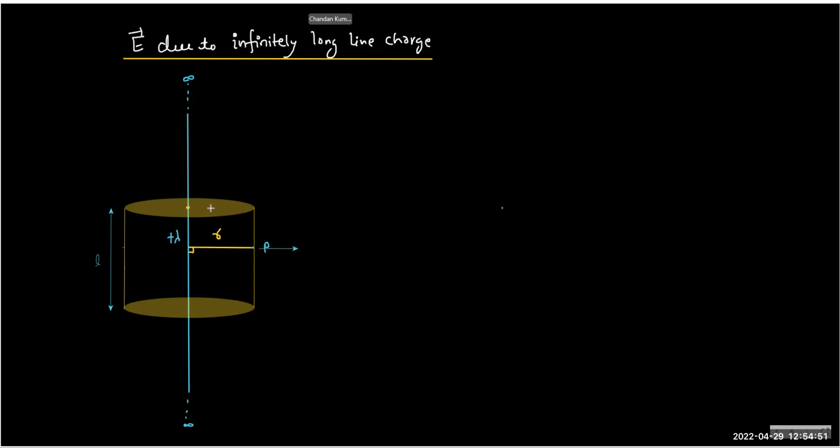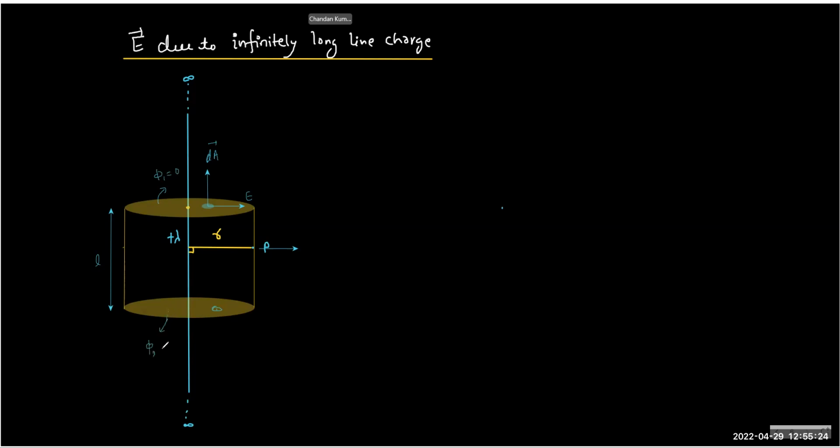If you choose any patch over the flat surface, the area vector will be like this. And because the area vector is like this, no electric field will pass through the surface, right? Because the electric field is radially outward, like this. So the flux contribution from the two flat surfaces will be how much? 0.